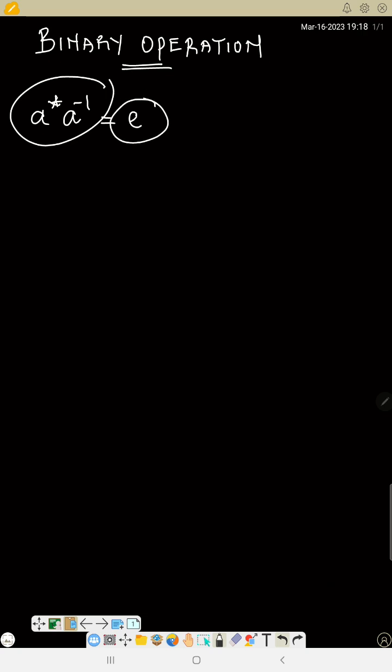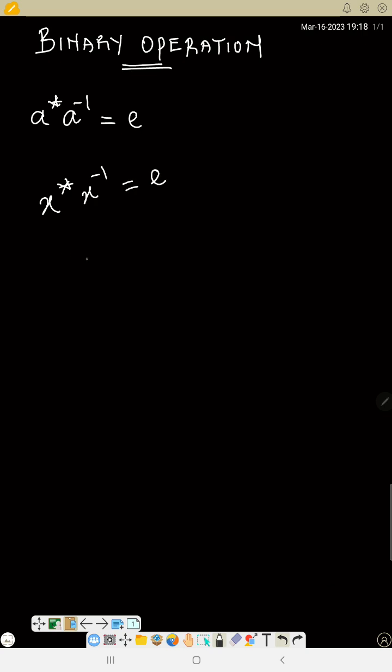It will be equal to the identity element. That is, if it is inverse of X, X * X inverse will be equal to E. If it is inverse of 2, it will be 2 * 2 inverse equals E. So to find the inverse of 5, it will be 5 * 5 inverse equals E. Everything will be equal to E.